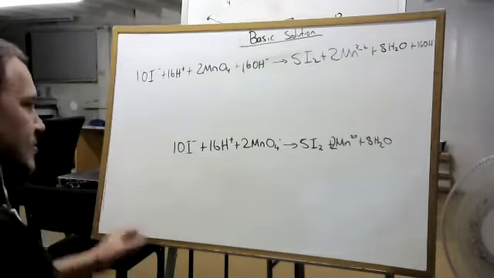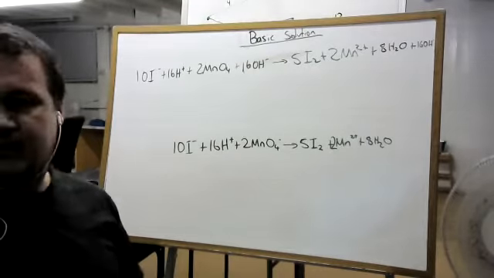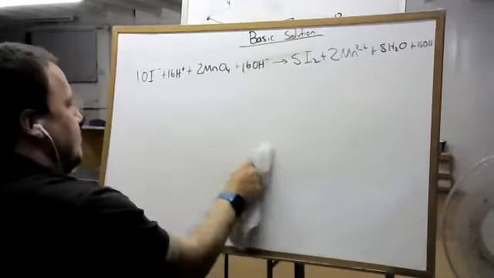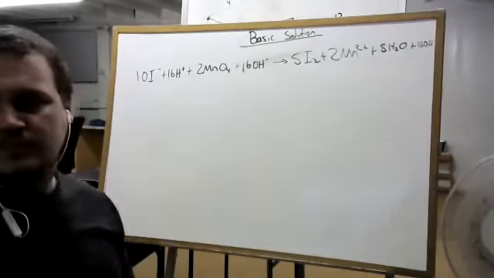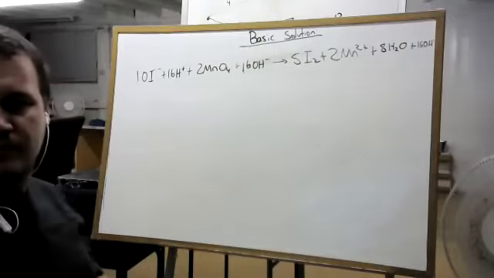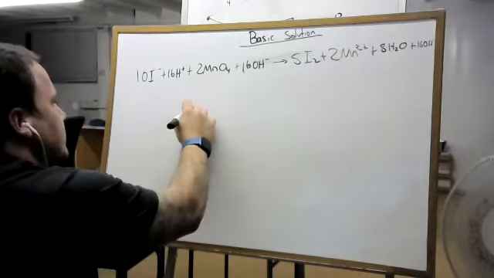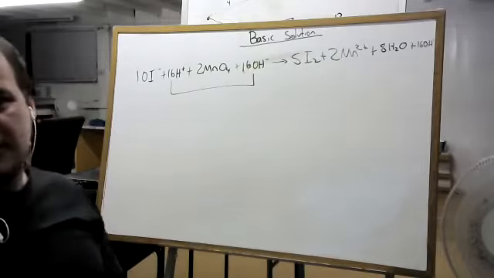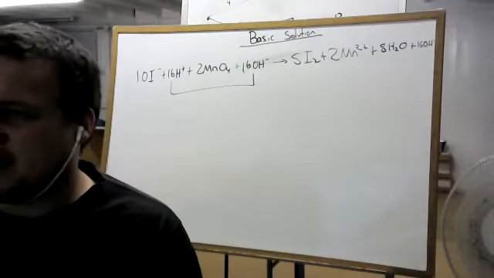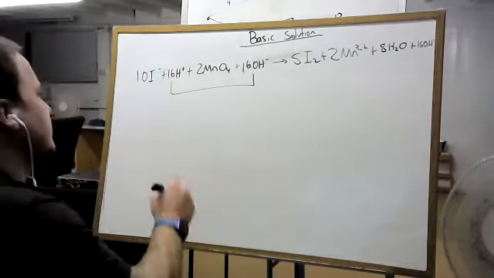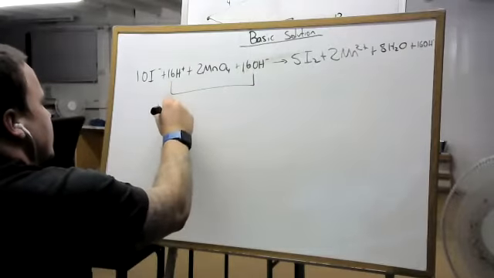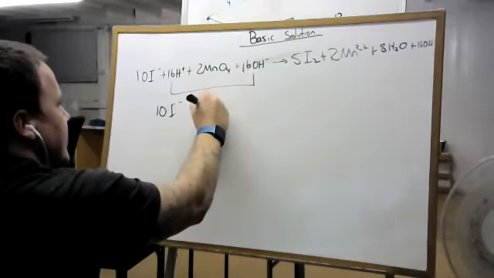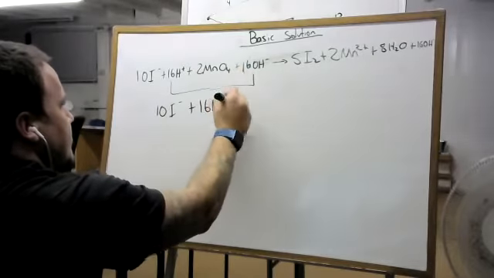So next step, let me get rid of this down the bottom. We're neutralizing the H plus with OH minus. So now it's 16 H2O.